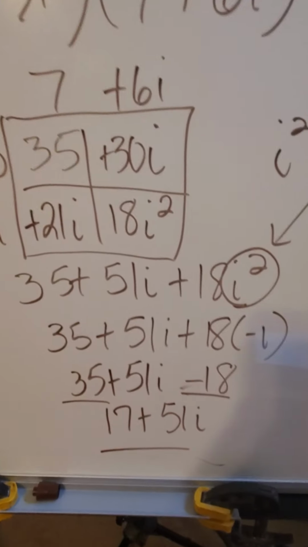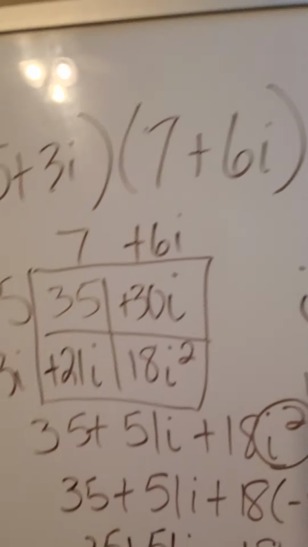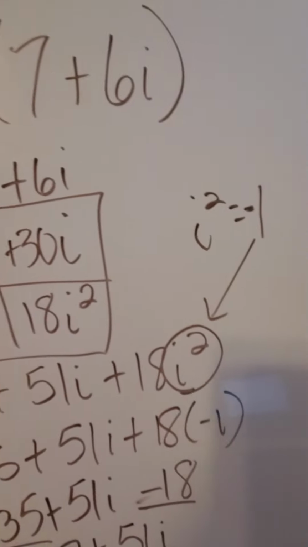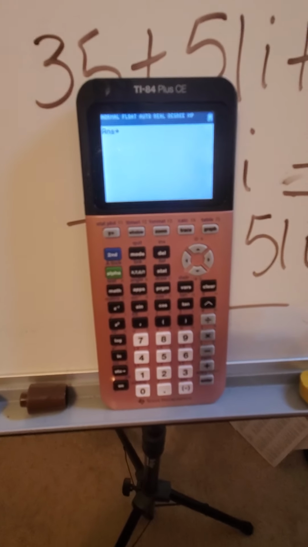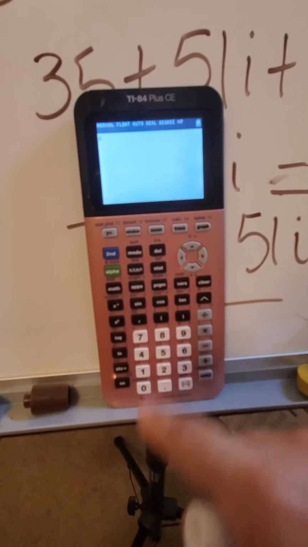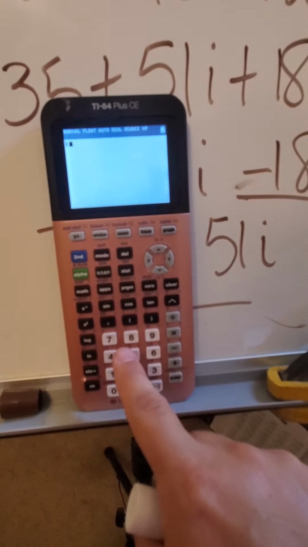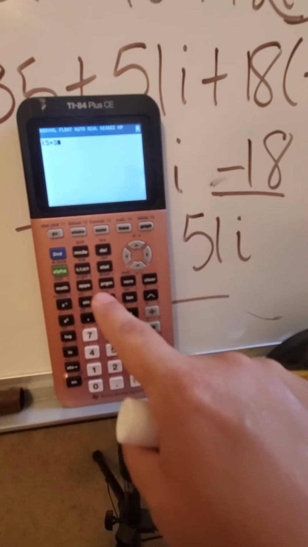Now, calculators make this so easy. I don't know what kind of calculator you have access to, but I'll show you on this one here. This is a TI-84. A TI-83 will work as well. I can do parentheses, and I can say 5 plus 3i.